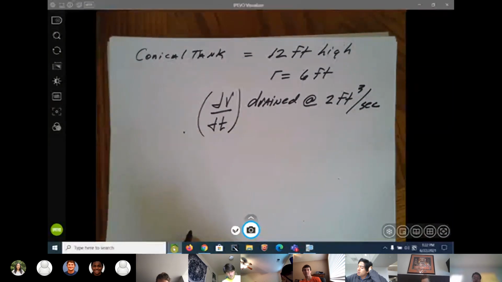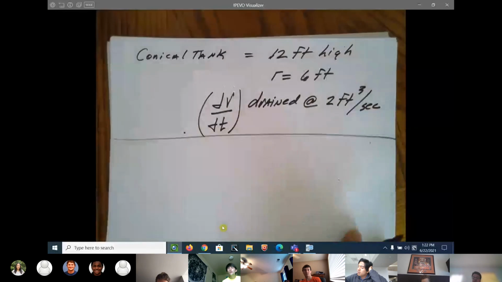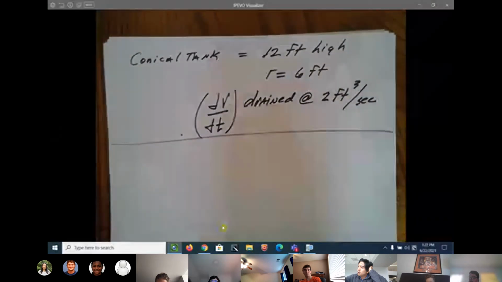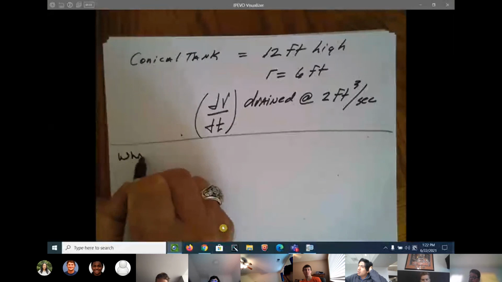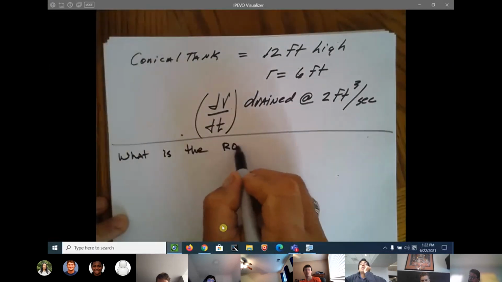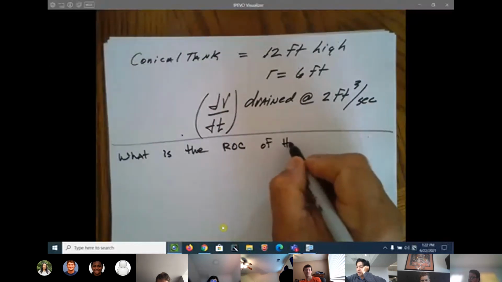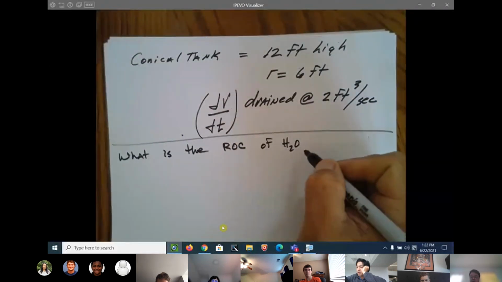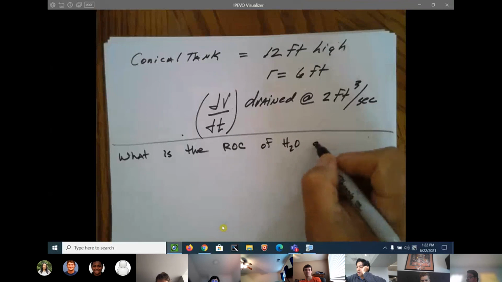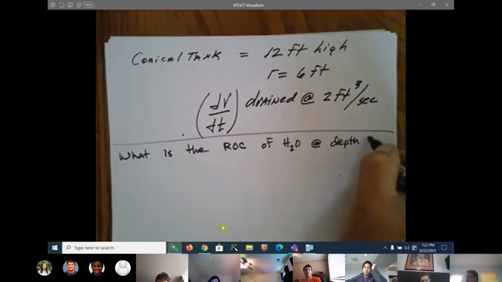So they give you a paragraph, and it basically tells you this. And they want to know what is the rate of change of the water at a depth of 3 feet.